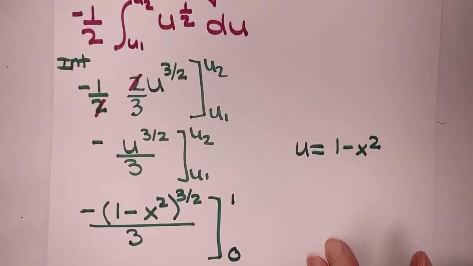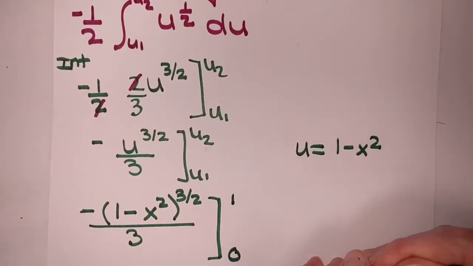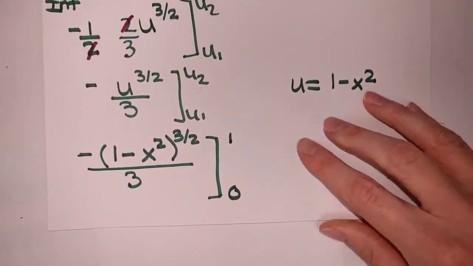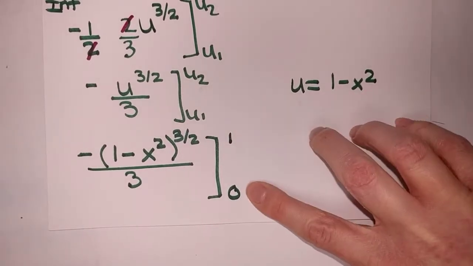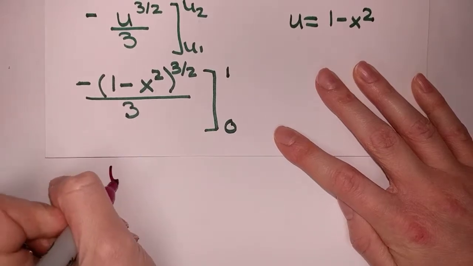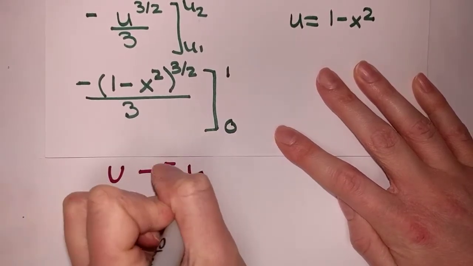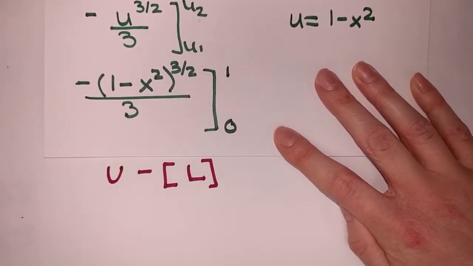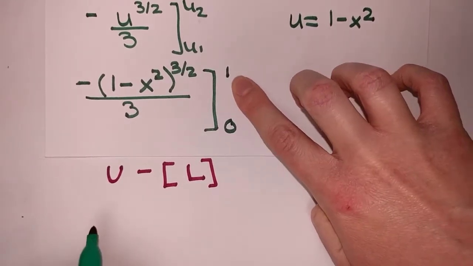All right, so now I have to use the fundamental theorem of calculus to evaluate this definite integral. I have the bound of 1 as the upper bound and then the lower bound of 0. Remember, from the fundamental theorem, we take the upper bound minus, and then in brackets the whole lower bound. So I'll start by plugging in 1.